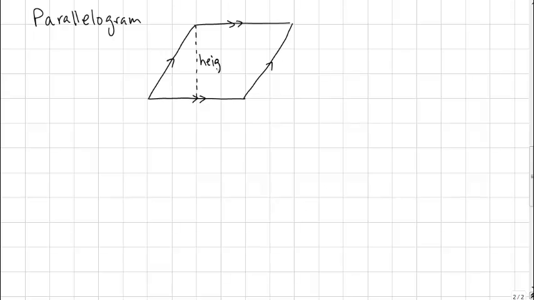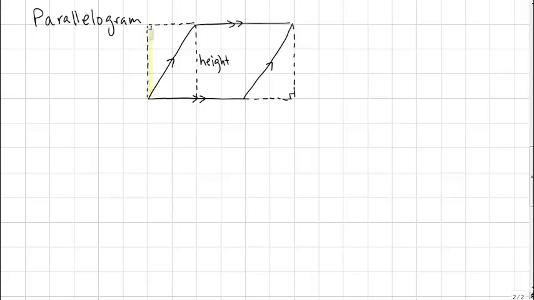We could also call it an altitude, but for some reason altitude is usually reserved for triangles. So we have a height there. Now, you can see that by, again, making a sort of bounding rectangle, you end up with a triangle on the left and a triangle on the right. And they're right triangles, and they're identical.